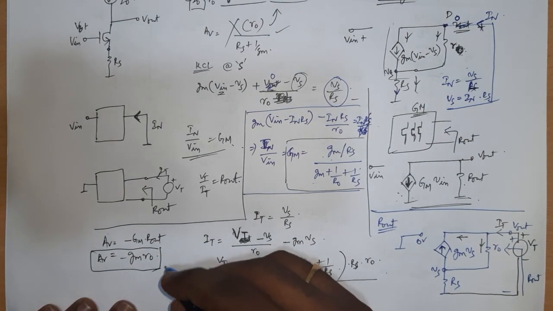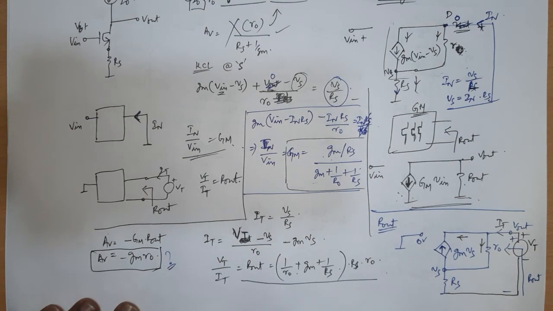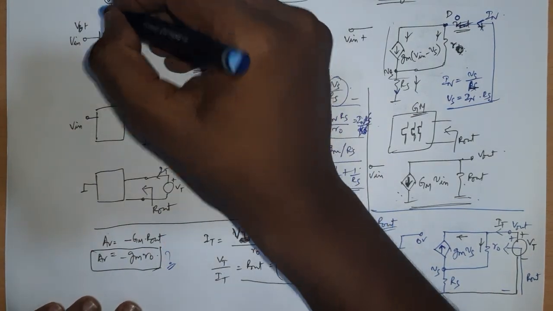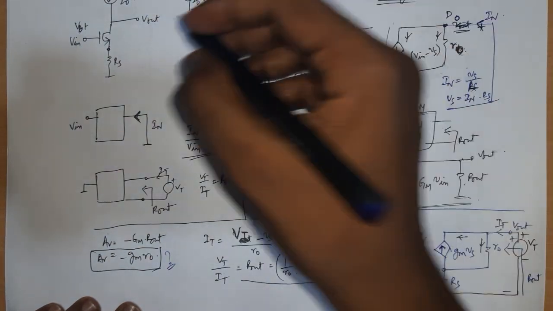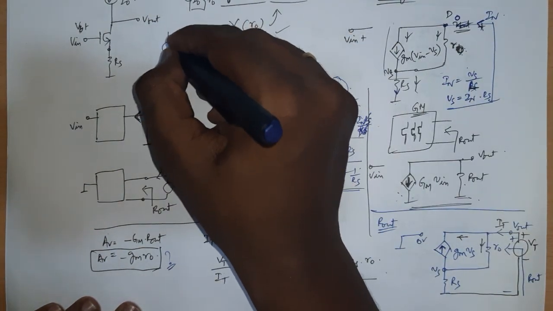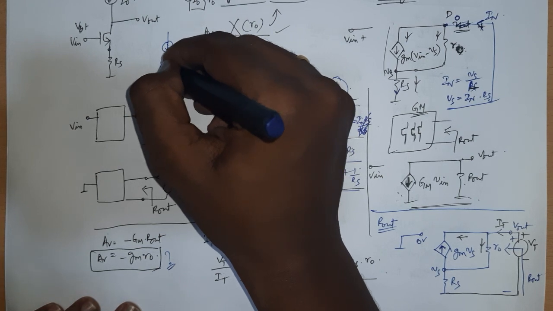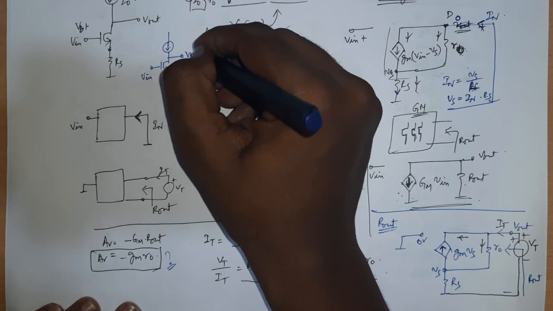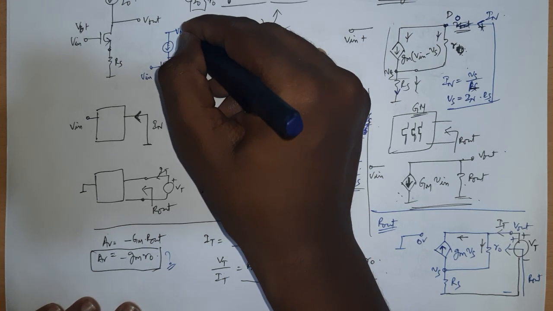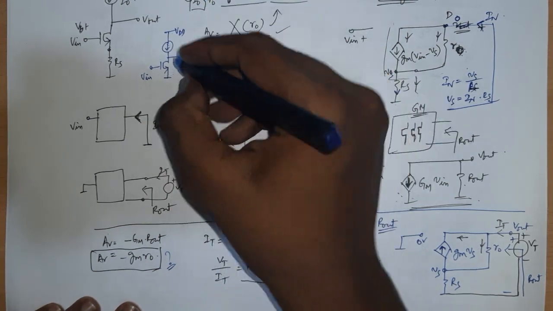Now you should have a question. The first question that I posed was to have a current source like this, with a V in here and V out here, and this is VDD, which can be incrementally grounded, and this is actual ground.